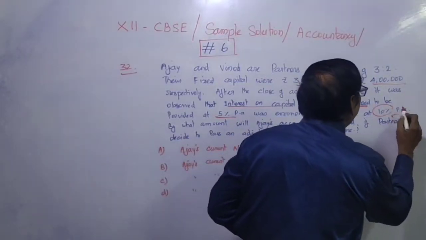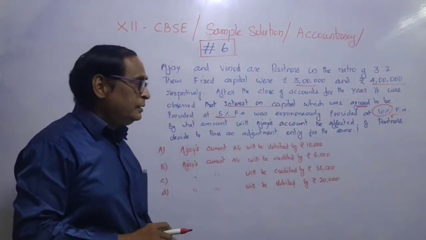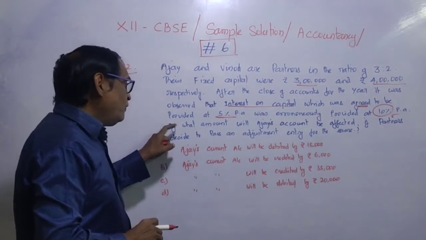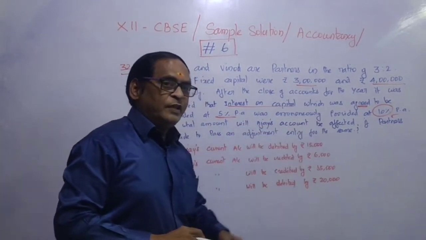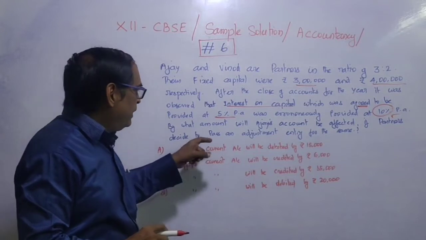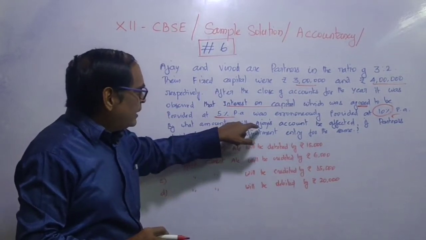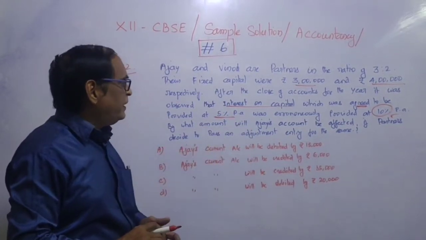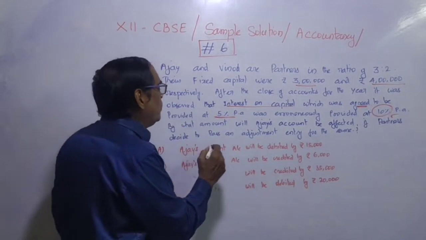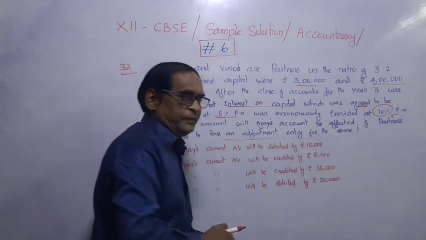So 5% extra interest was paid. By what amount will Ajay's account be affected if the partners decided to pass an adjustment entry?